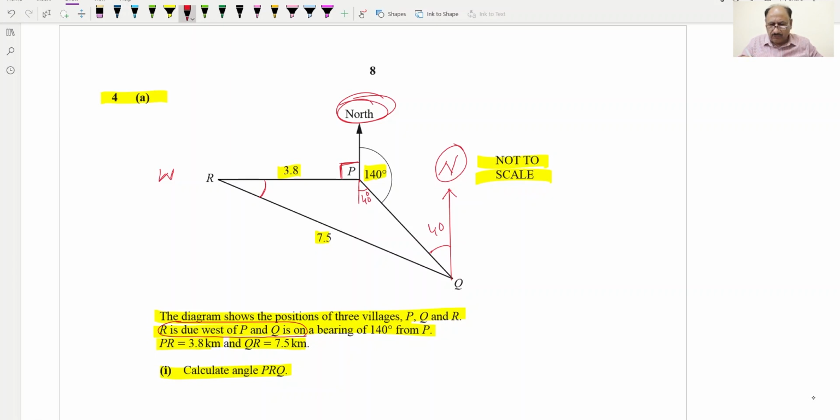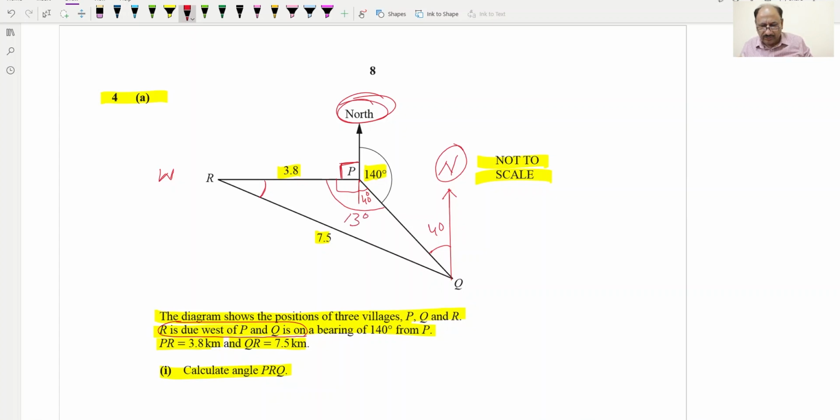So now this is 40 degrees, and the remaining angle is 90 degrees. So 90 plus 40 will be 130, and this whole angle is 130 degrees.